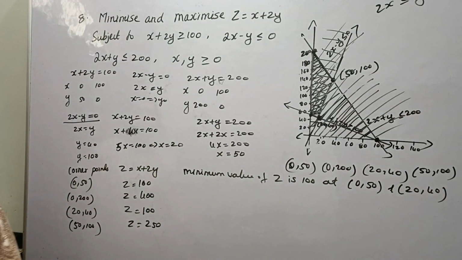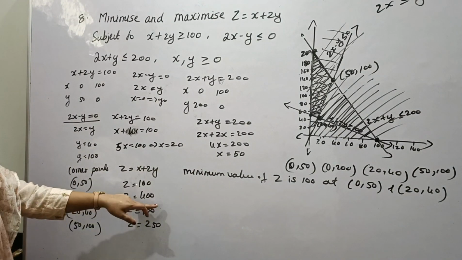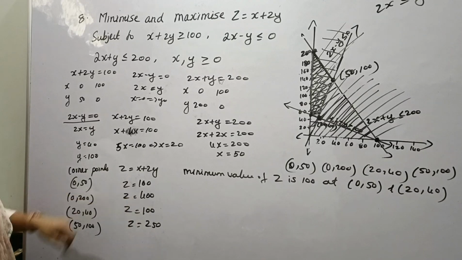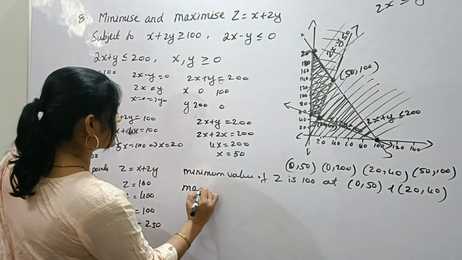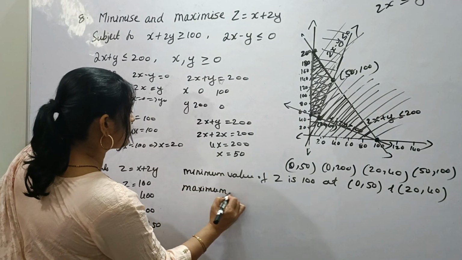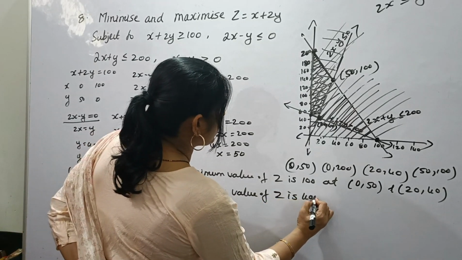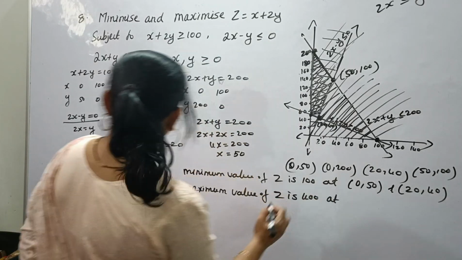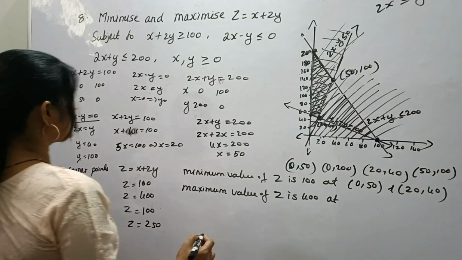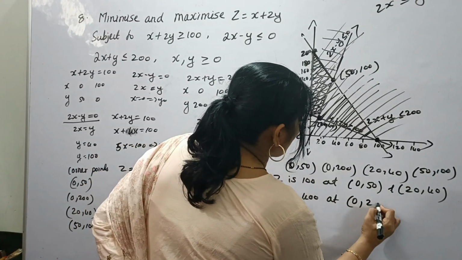Next is maximum. The maximum value of Z is 400, at which point? 0, 200.